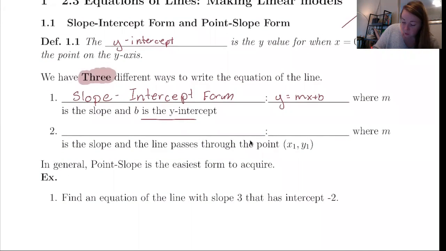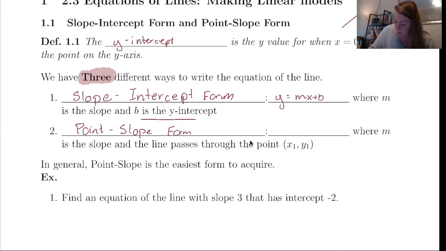Okay, the next one is point-slope. This one's really nice if you are just given points on a line. All you need to do is find the slope between 2 points, and then just use one of them, smack it in this form, and you've got an equation for a line.